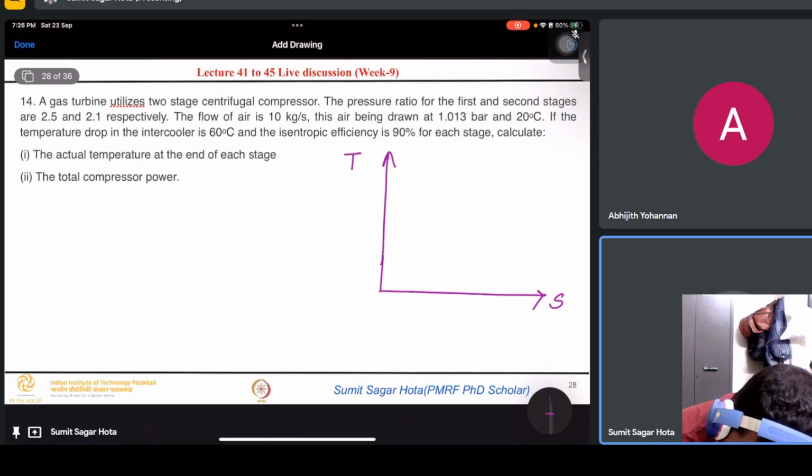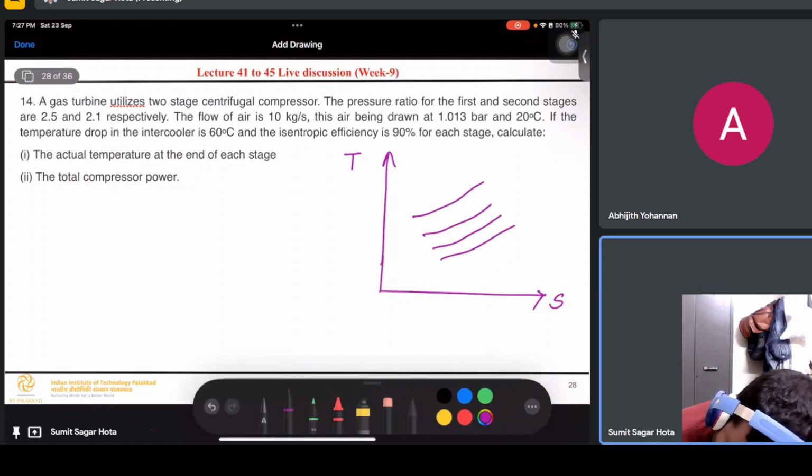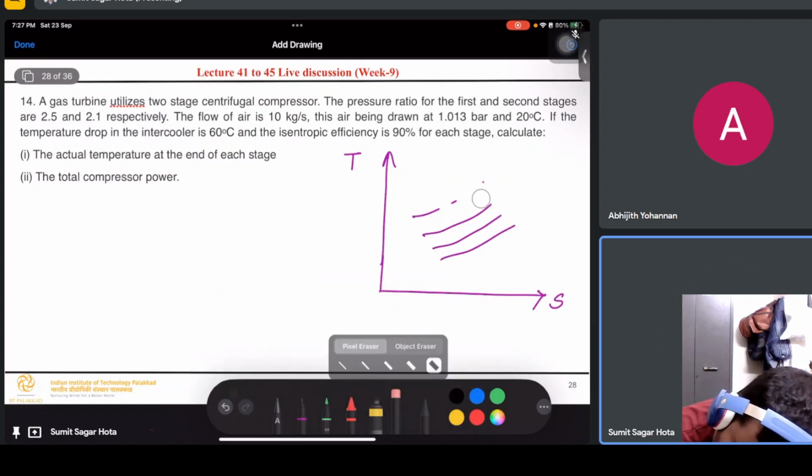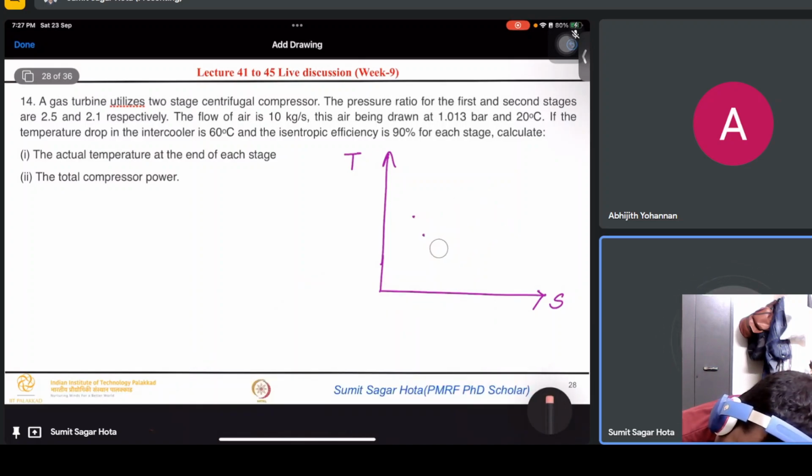Pressure ratio means there will be at least two pressures. The pressure lines will look like this in the TS diagram. There will be four pressures involved in the question, because with two stages, each stage having two pressures, there are four pressures in total.